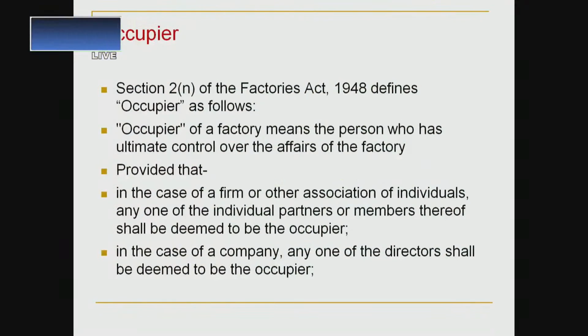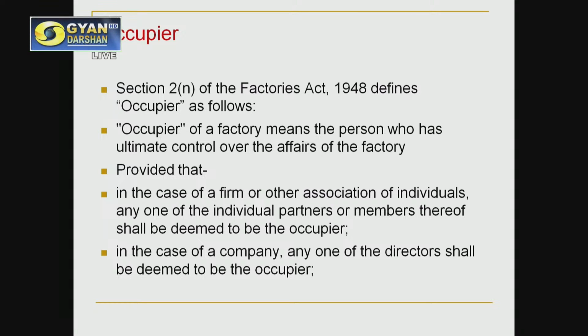According to the Factory Act 1948, the occupier means the person who has ultimate control of the factory, the person who is legally empowered. That person is called the occupier. In case of a firm or association of individuals, any one of the individual partners or members shall be deemed to be the occupier.